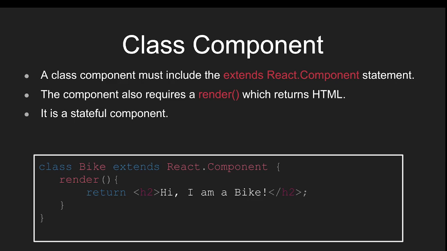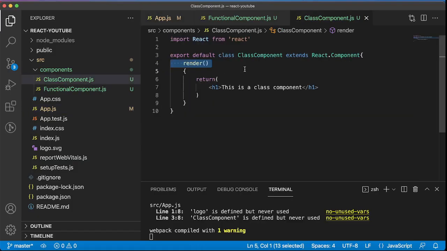Let's dive into the code. In the components folder, I've created another file called class component. Just like the functional component, I've imported React at the top. Then I use the class keyword to declare the component, followed by the name of the component, and as I explained earlier, it needs to extend React Component.